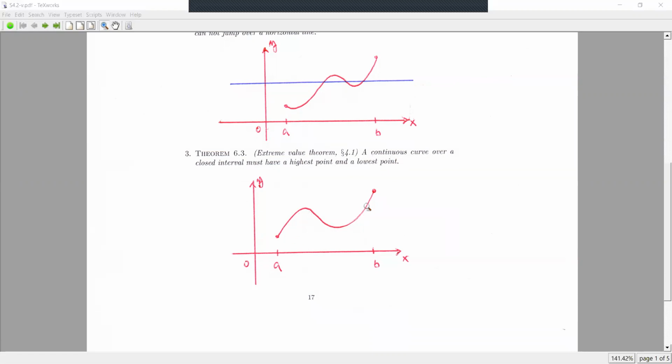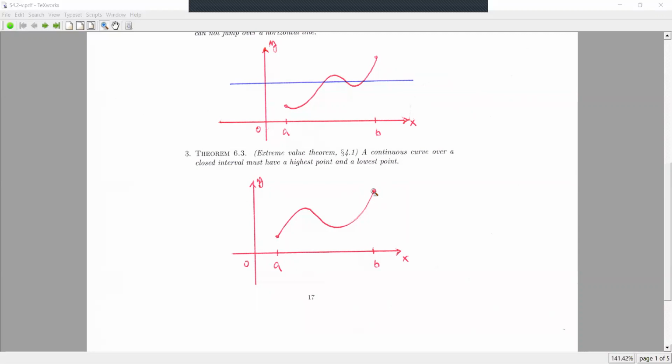This is a continuous curve. Function value at A is the solid point. Function value at B is the solid point. This curve, because it is continuous, must have a maximum value and a minimum value.